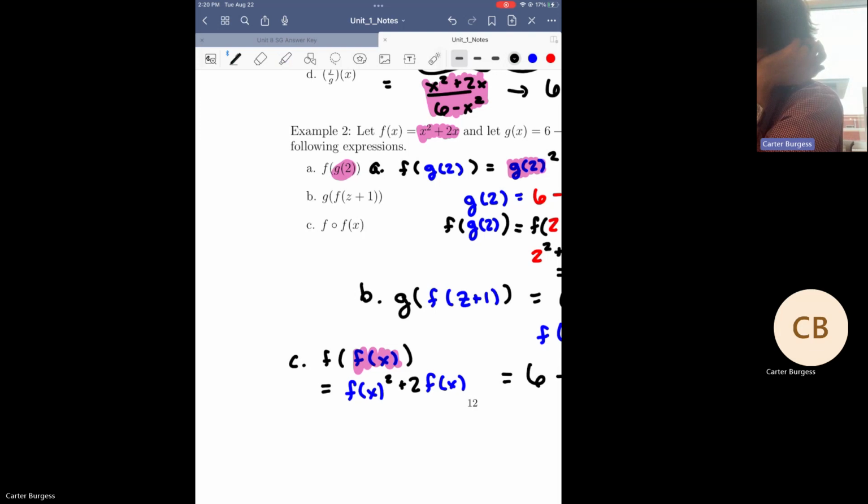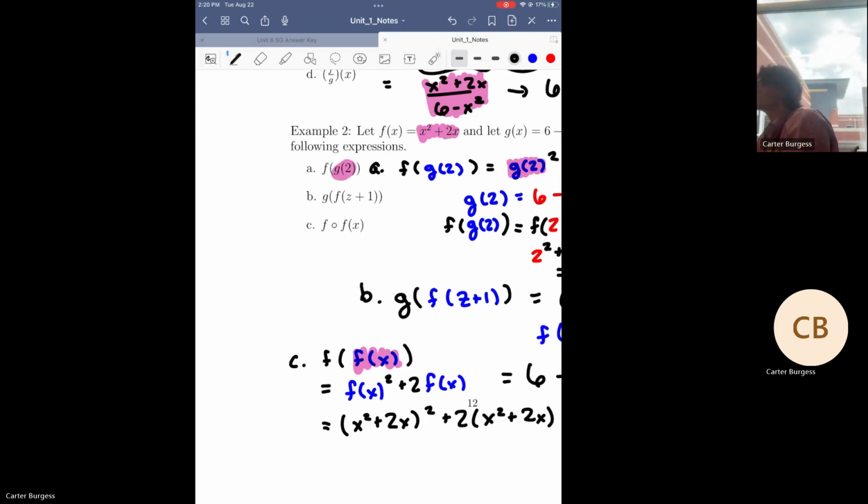This is going to be x squared plus 2x all squared plus 2 times x squared plus 2x. Which again looks weird, but you don't have to simplify it, and it is just following what the notation tells you to do. You take f of x, and you replace all of the x's with f of x.